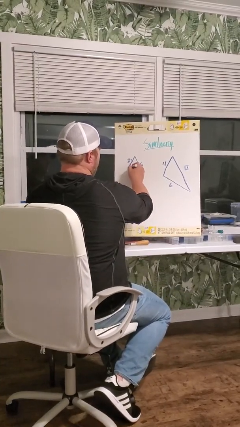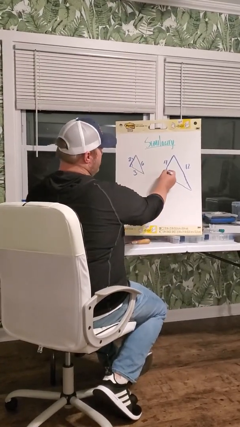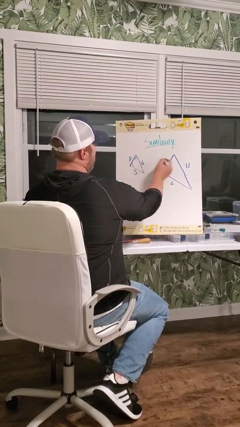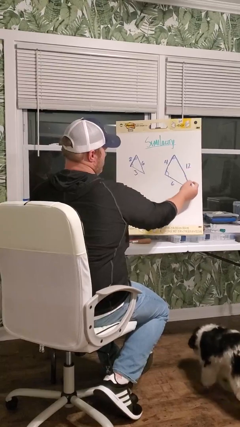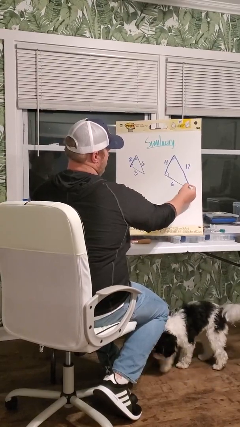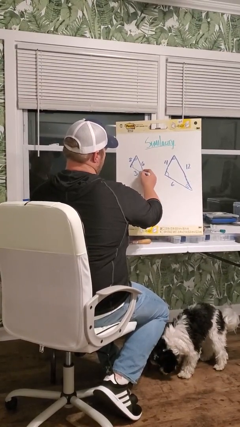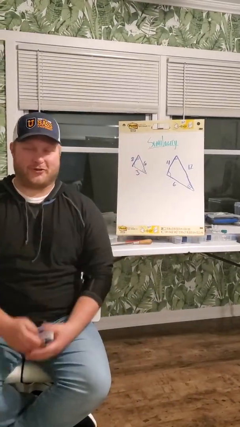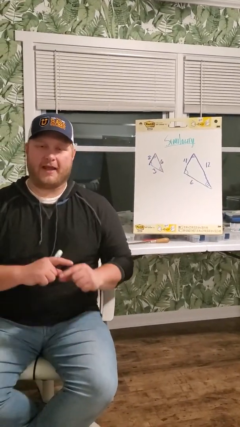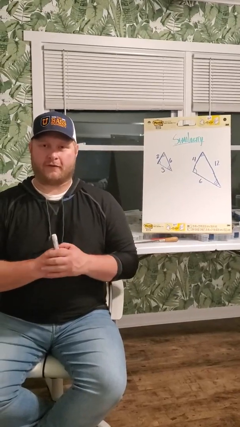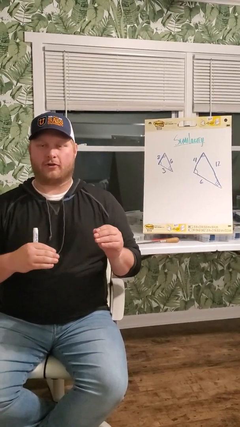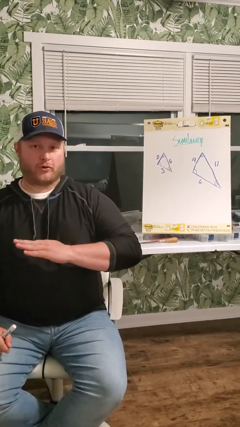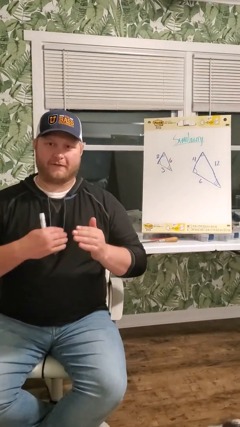So this angle, I'll denote it with 1 angle mark, is the same as this one. This, I'll denote it with 2 and 3. Similar figures have the same angles, but different lengths, or they're different sizes. However, those sizes are always in proportion to the original figure's sizes.